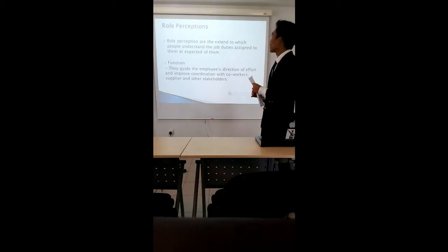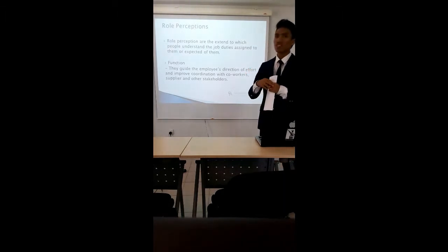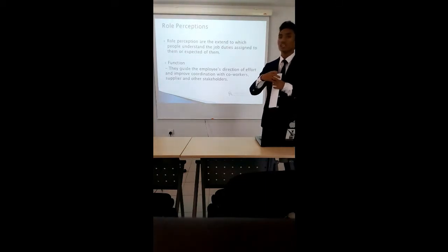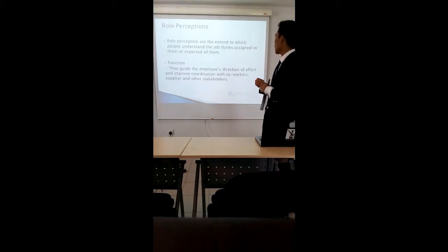Okay, role perception. Role perceptions are the extent to which people understand the job duties assigned to them and expected of them. In simple words, role perception is the employee knowing what task is given by the top management. The function of role perception is to guide the employee to get direction and improve coordination with co-workers, suppliers, and other stakeholders.